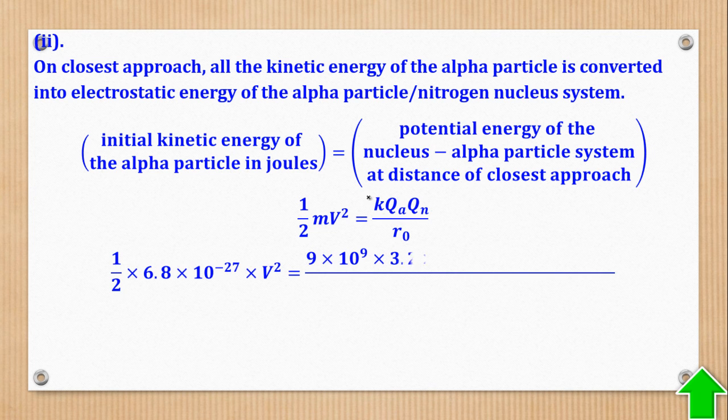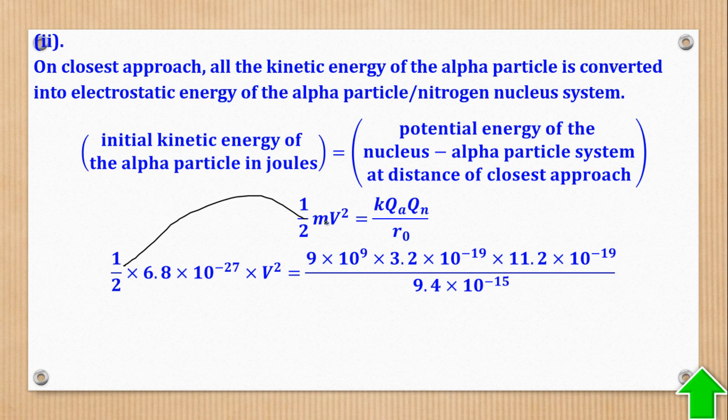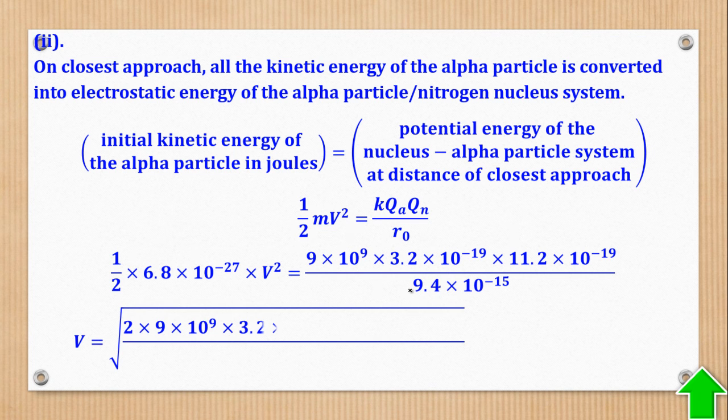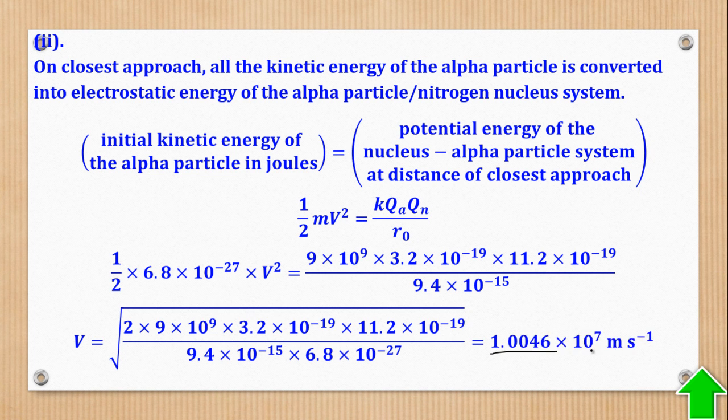So we shall substitute: a half is there, mass is there, V is what they want, K is this, Q1 is that, Q2 is that, and separation is that. That means my aim is to make V the subject, and V will be equal to this, and that's what they wanted.